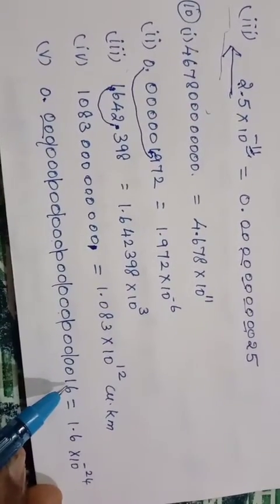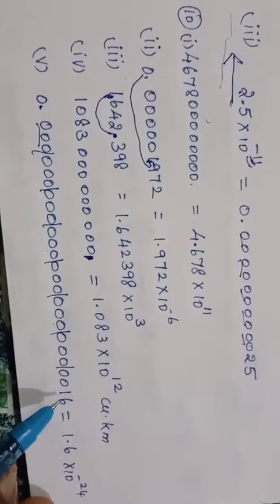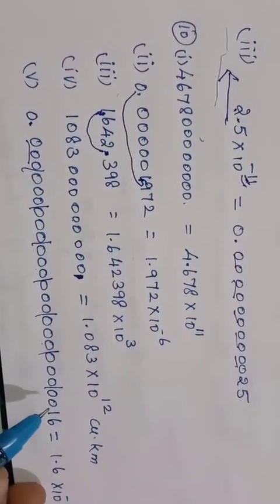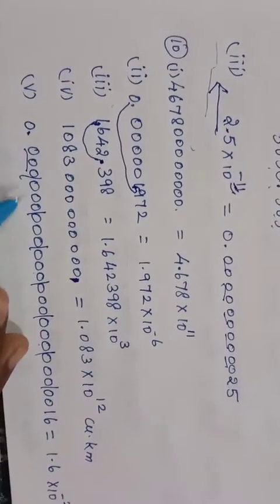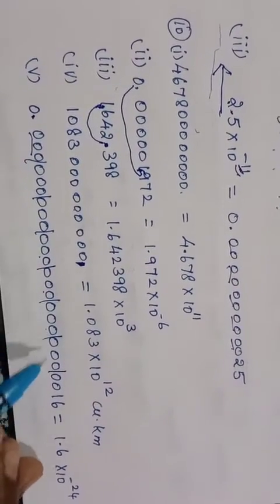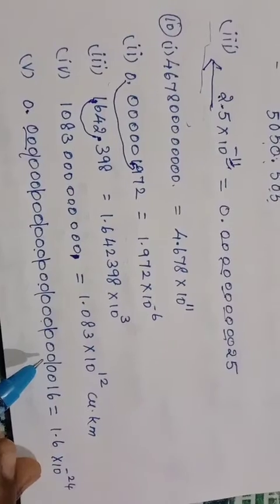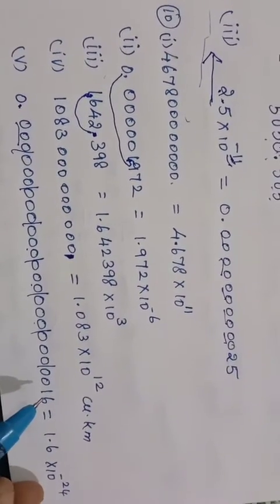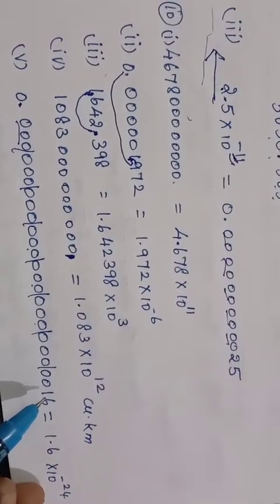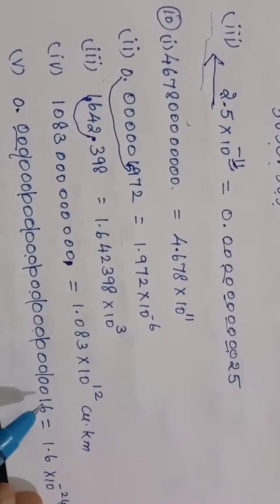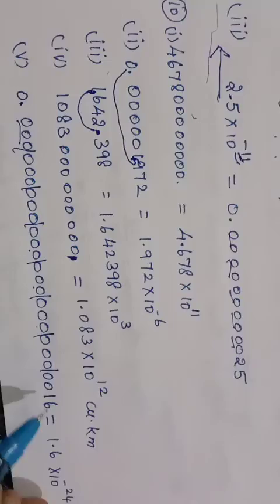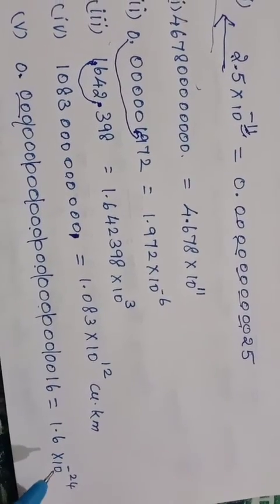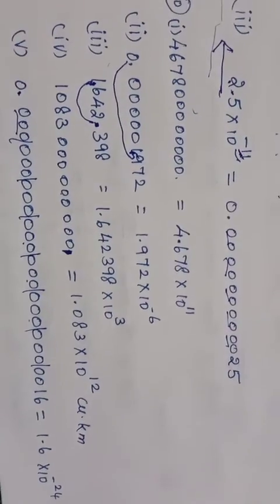So that is 1.6 into 10 power, with 21, 22, 23, and including this one, 24. So minus 24. It moves towards the right side, so the power is minus. 1.6 into 10 power minus 24.